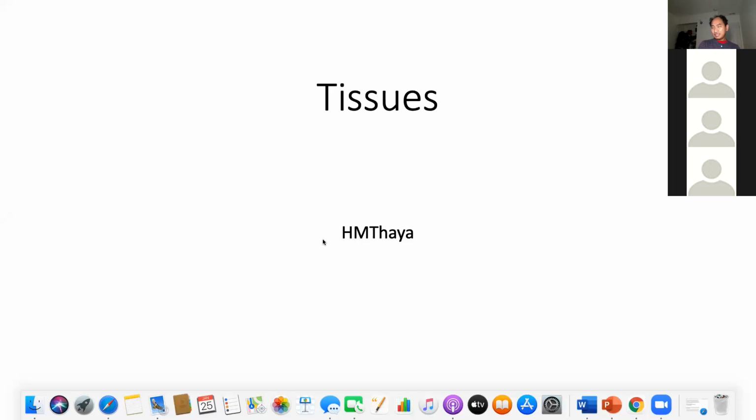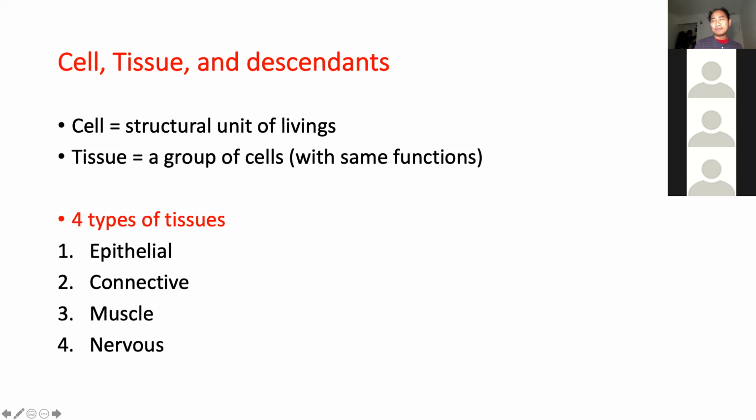All right, this is the tissue lecture. Again, we are just revising, so we will not spend a lot of time on it. You have seen cells, and the cell is the basic structural unit of living things.